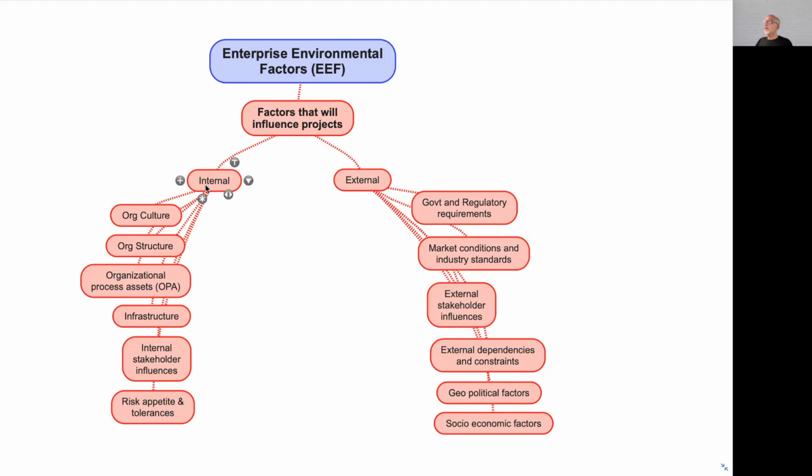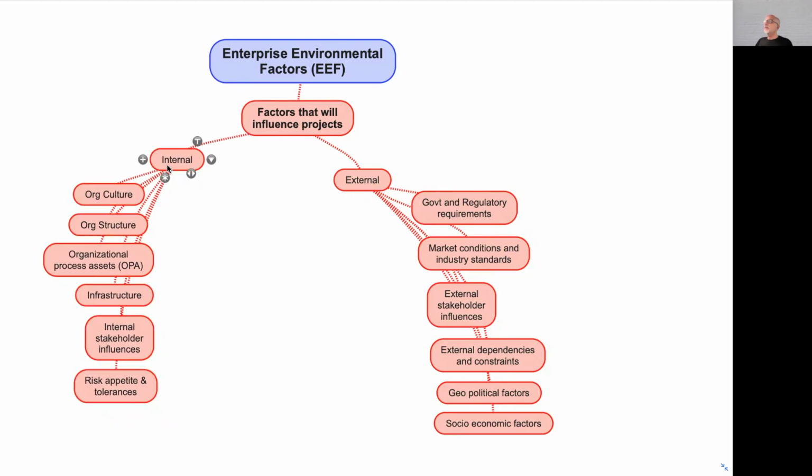Examples of internal factors: organizational culture. Before we start a project, we should be aware of the culture that exists in the organization. Some organizations promote centralized decision making; in some organizations it could be decentralized decision making.